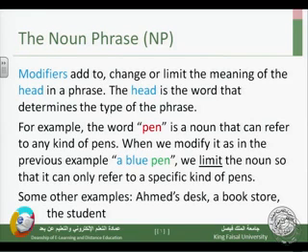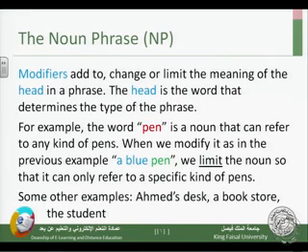Or an example of this type of pens, a blue pen, one specific pen, and it is blue. So it's not red, it's not green. The modifiers blue and the article a helped us to limit the scope of this noun. So pen is the head in this phrase, and a and blue are modifiers.